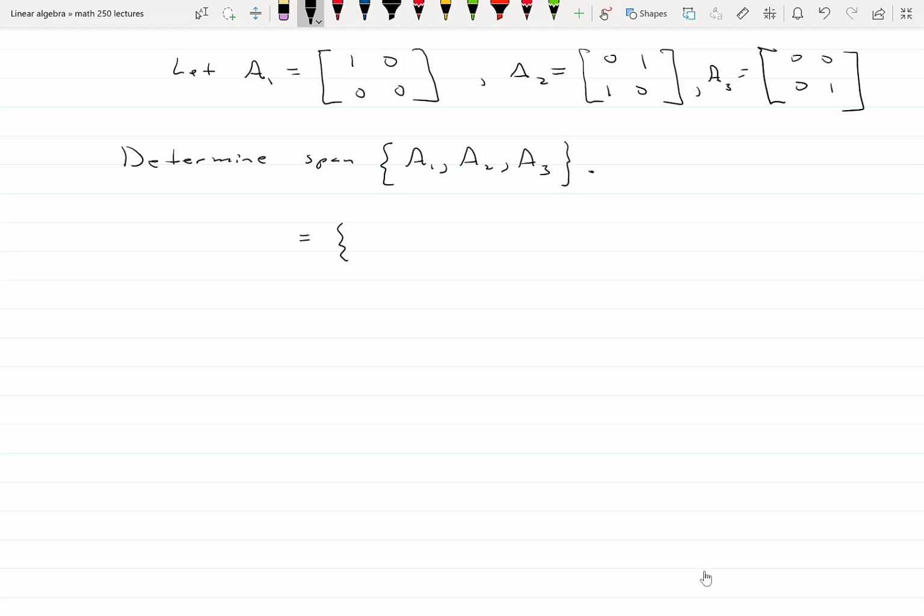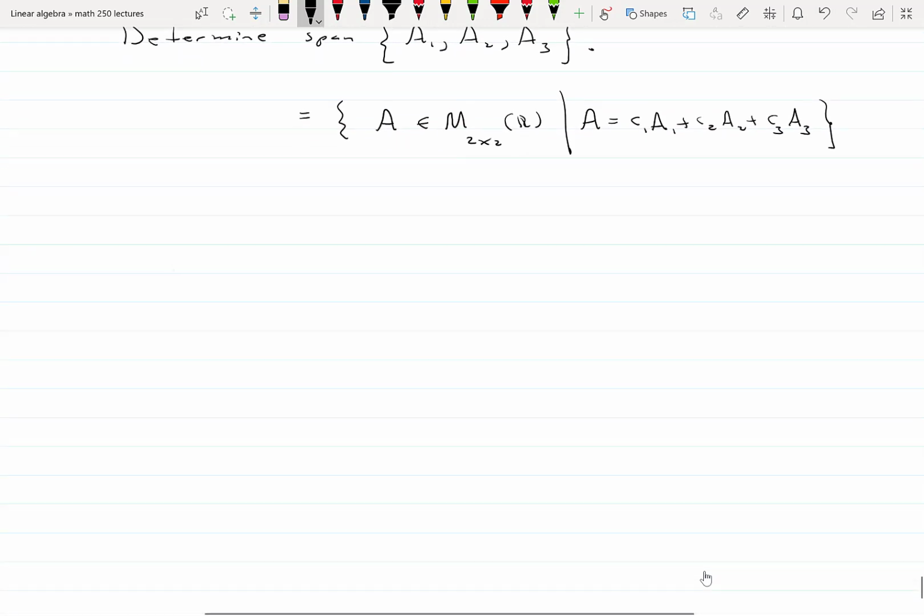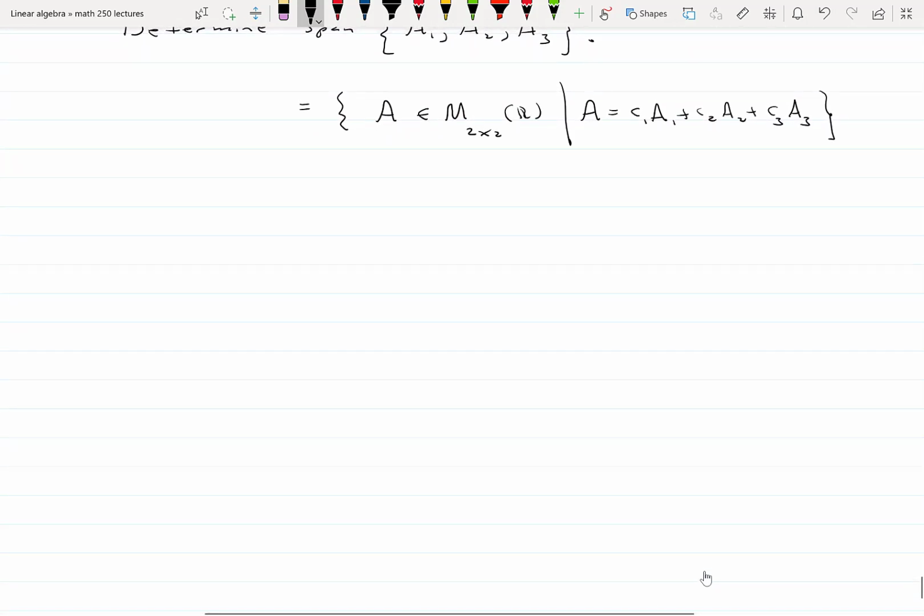It's the set of all A from our vector space, the set of all 2 by 2 matrices with real entries, such that A is a linear combination of these 3 vectors. A equals C1 A1 plus C2 A2 plus C3 A3, where C1, C2, and C3 run through all possible scalars.